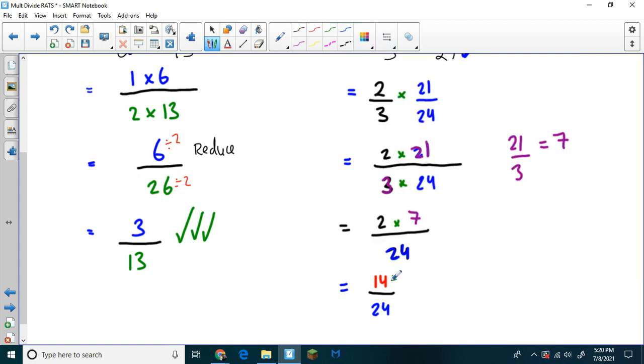I know I can divide the tops and bottoms by 2. So then we get 7 over 12. And I'm pretty sure this is as simplified as we get. So again, how do I reduce these fractions? I divide by a common factor.